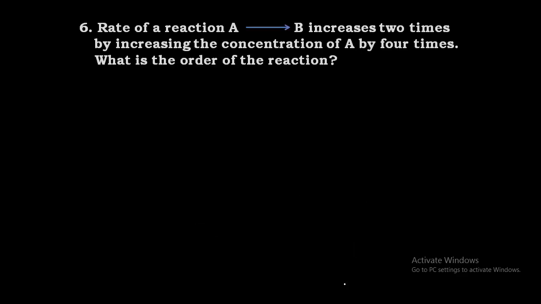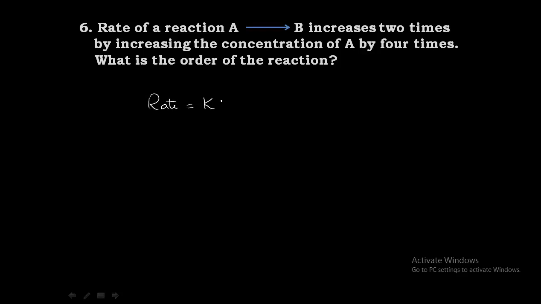Then the sixth one: the rate of a reaction A to B increases 2 times by increasing the concentration of A by 4 times. What is the order of the reaction? In this case, A is the reactant and B is the product. First write down the rate expression.